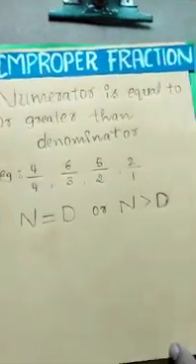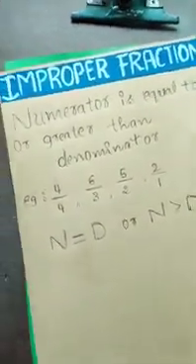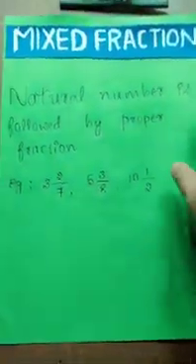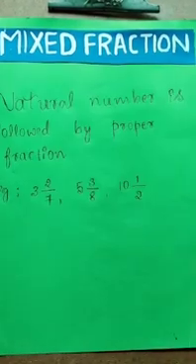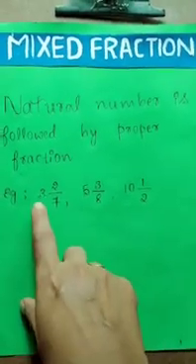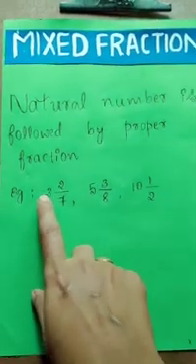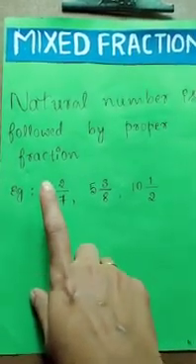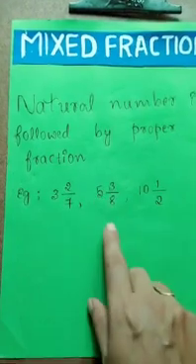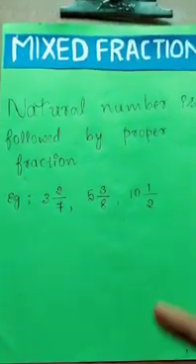Those are known as improper fractions. Then we move to mixed fraction. A mixed fraction is a natural number followed by a proper fraction. This is the natural number 3, 5, 10, followed by a proper fraction. The natural number is always written in front of the proper fraction. This is the mixed fraction.